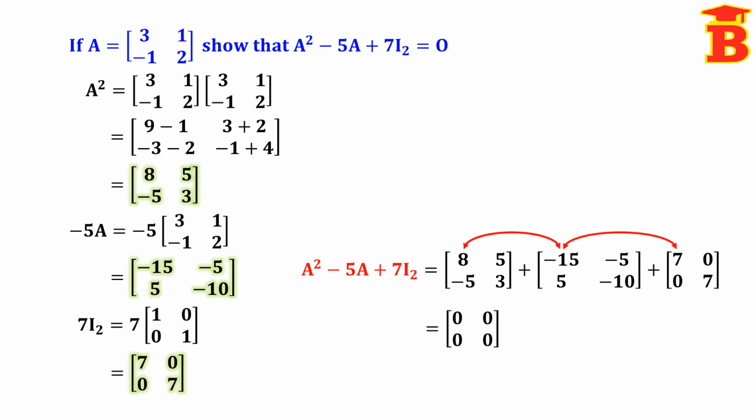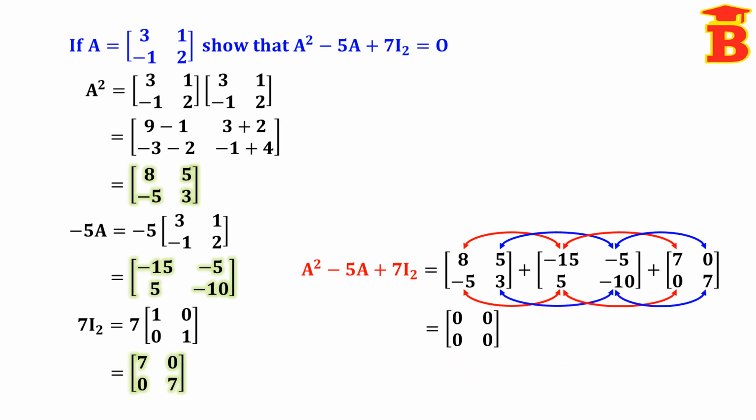Adding the first elements: 8 minus 15 minus 7 plus 7, 0. Adding second elements: 5 minus 5, 0, 0 plus 0, 0. Adding third elements: minus 5 plus 5, 0, 0 plus 0, 0.